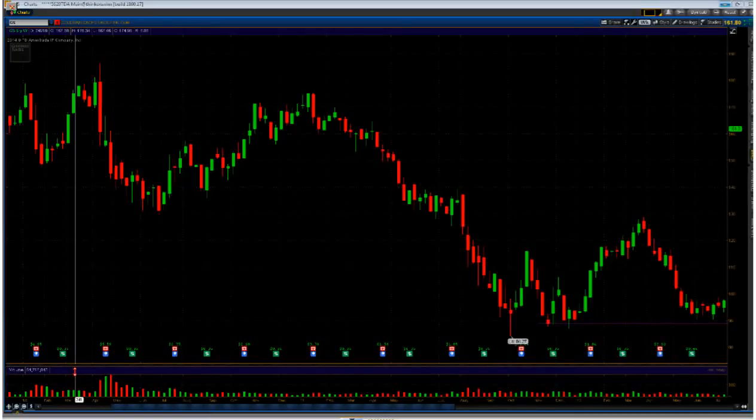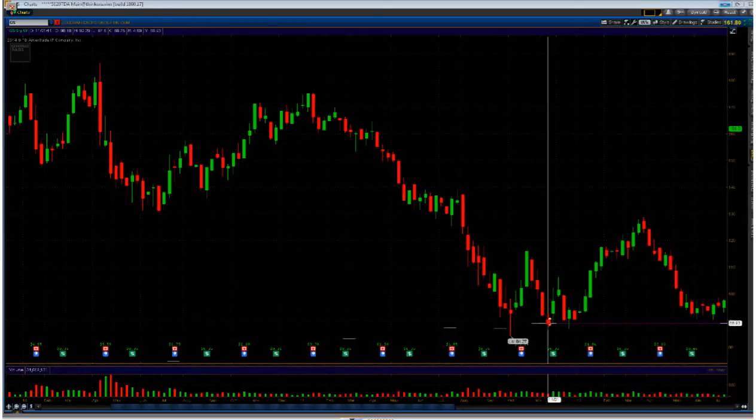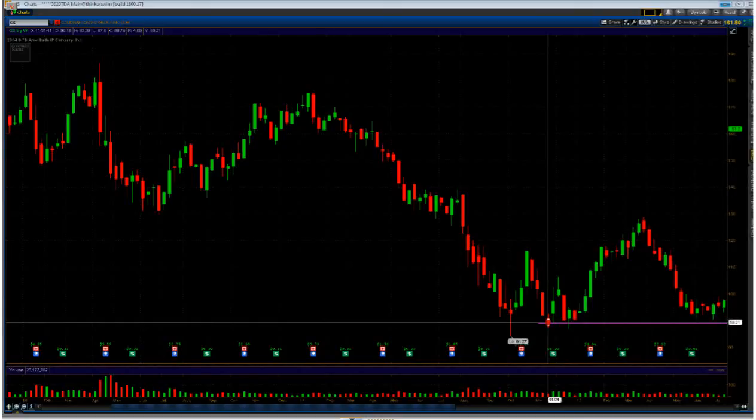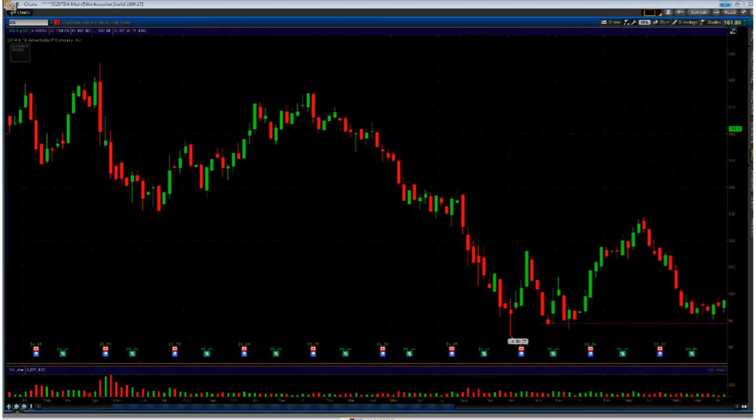Where would my stop out be? A close below the lowest close, right? Which is $88.75.